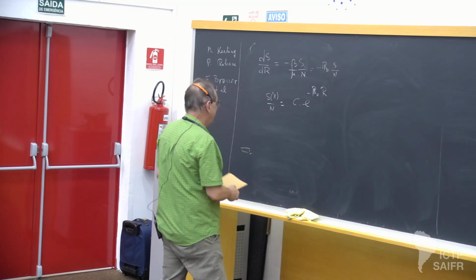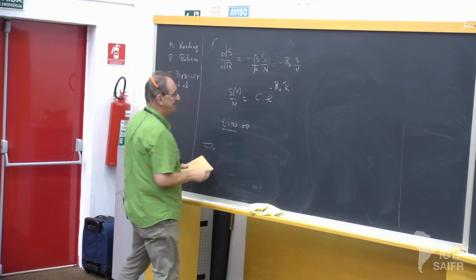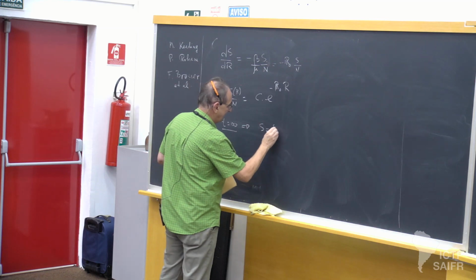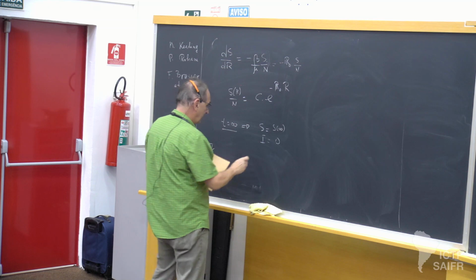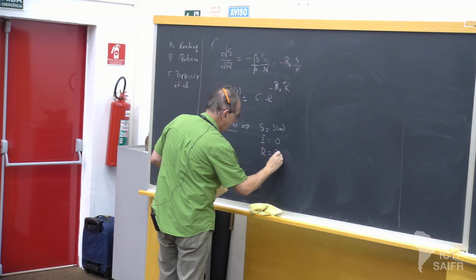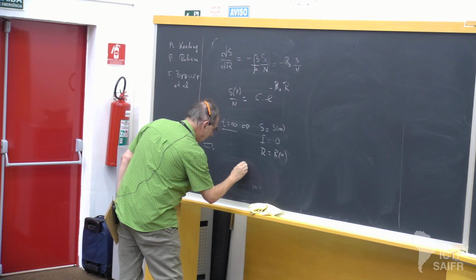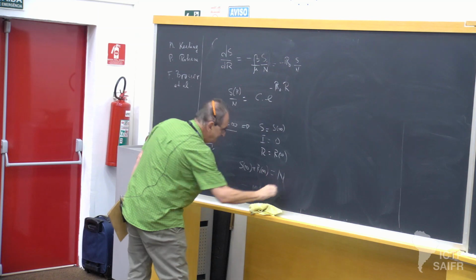But at time infinity, S will be denoted by S infinity, I is 0, and R is R infinity. Therefore, S infinity plus R infinity is equal to N.